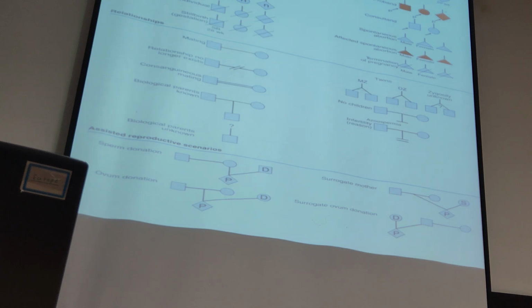It means this individual is blind but not deaf. If we talk about three conditions, we divide the symbol into three parts. If he is healthy, it will not be colored. If he or she is affected, then that part will be filled. And for four conditions, divide into four parts.